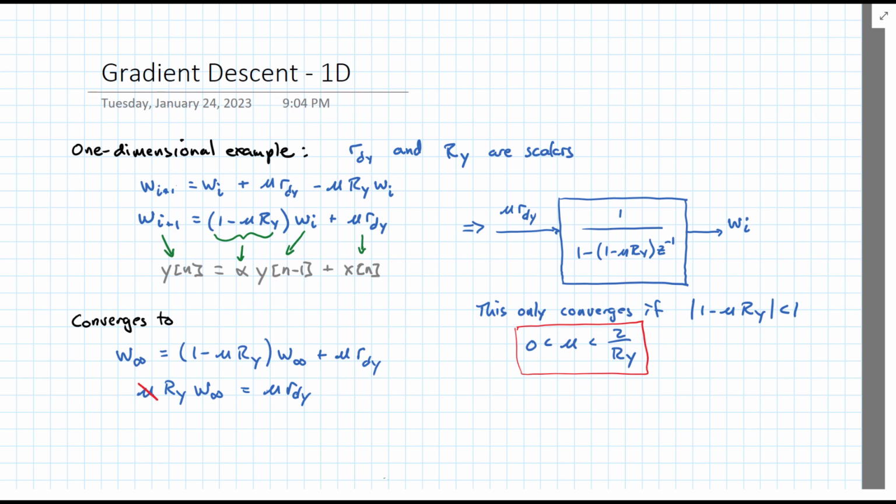Obviously we can cancel out these mu's because they're positive numbers, giving us our Wiener solution that we came up with on the previous page. So this is exactly what we want. It converges to the Wiener solution in this 1D example.